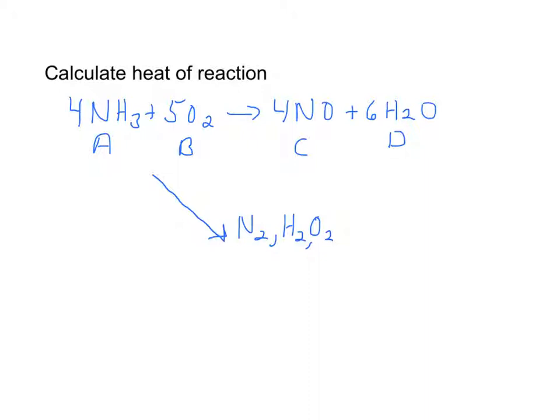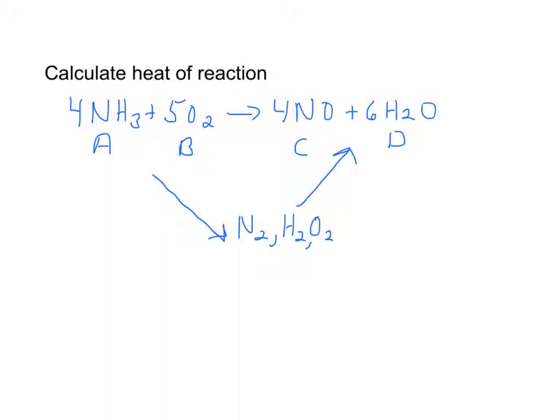This is all at 25 degrees C, and then we'll reconstitute those as the products. The heat of reaction for this step here can be expressed simply as the sum of these two legs of the journey, to the elements as found in nature and then back to the products.